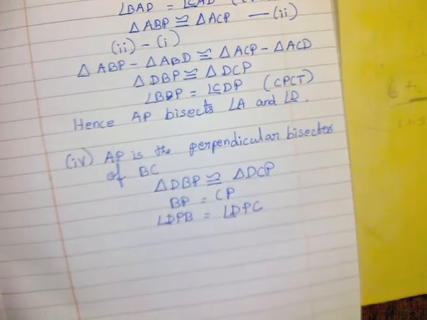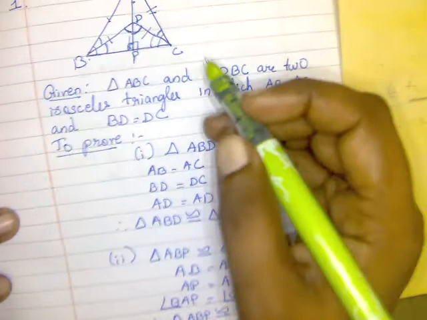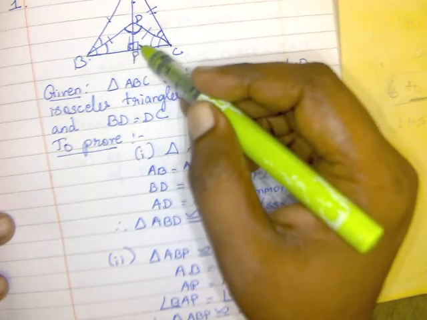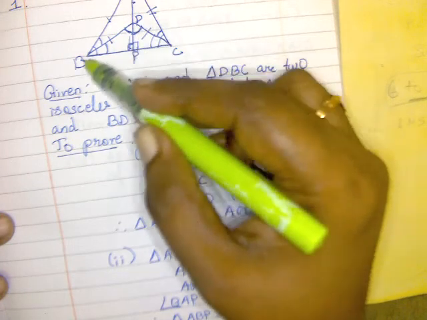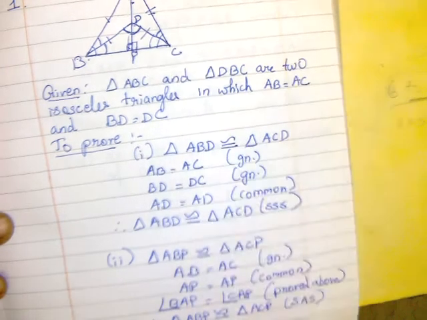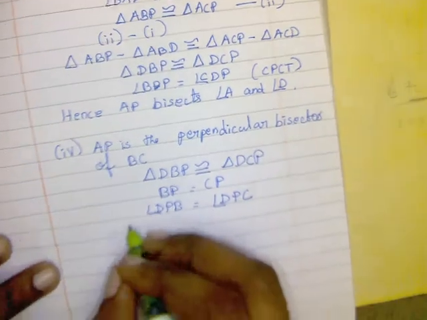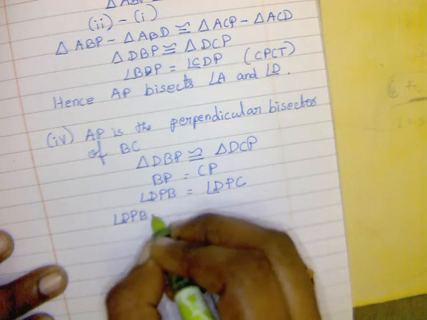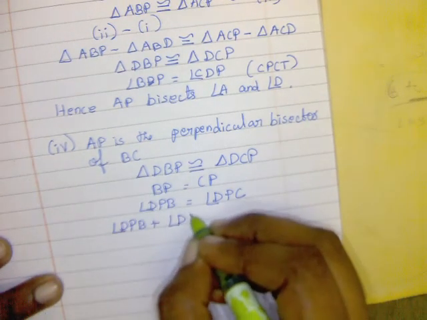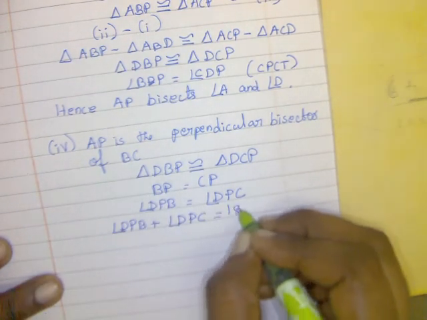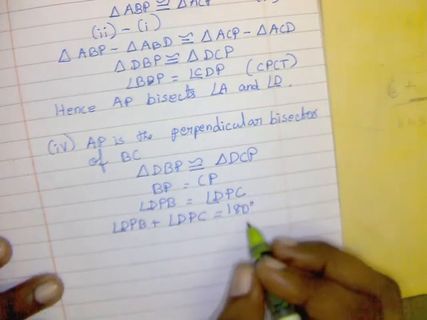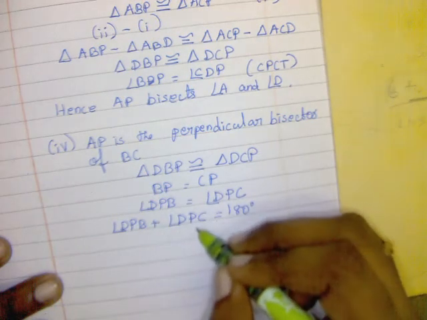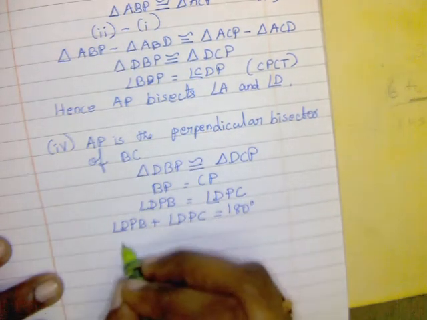Now you look here. I said earlier, the linear pair axiom. What is a linear pair? A ray stands on a line, and the sum of the two angles will be 180 degrees. So DPB plus DPC is equal to 180 degrees. That we can write here now. Angle DPB plus angle DPC is equal to 180 degrees. Now we said these two are equal, so you can change both to DPC.